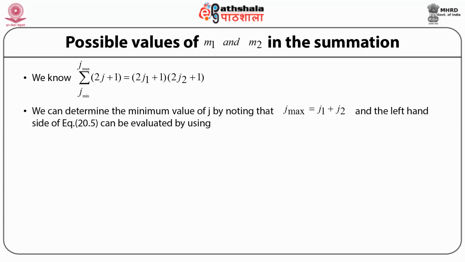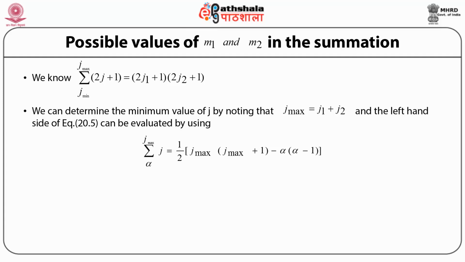We can determine the minimum value of J by noting that J max is equal to J1 plus J2 and the left hand side of equation 5 can be evaluated by using the summation going from alpha to J max over J, which is equal to 1 by 2 into, within the brackets, J max into J max plus 1 minus alpha into alpha minus 1.